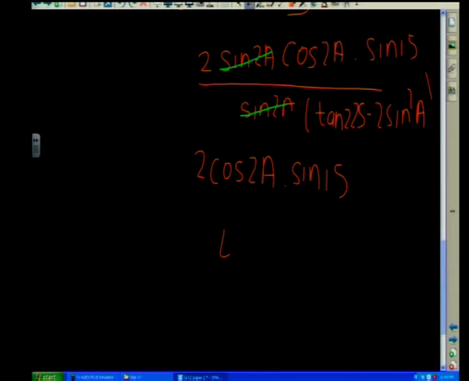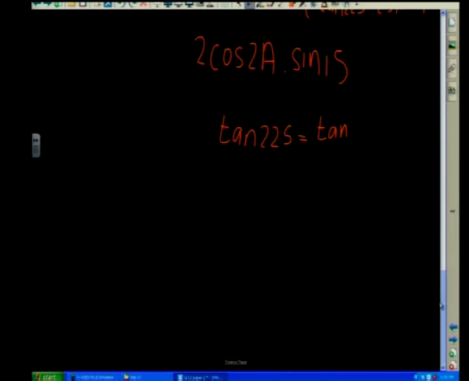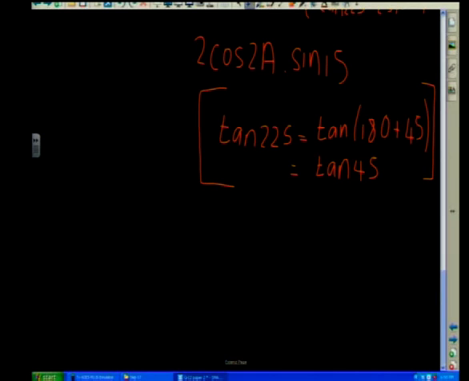Tan of 225 we can rewrite as tan of 180 plus 45. Okay, that's in the third quadrant where tan is positive anyway. So that's just going to stay as positive tan 45 degrees. Okay, so this is just an aside to show you what I'm doing with tan 225.